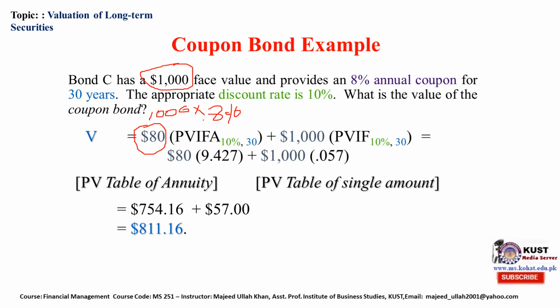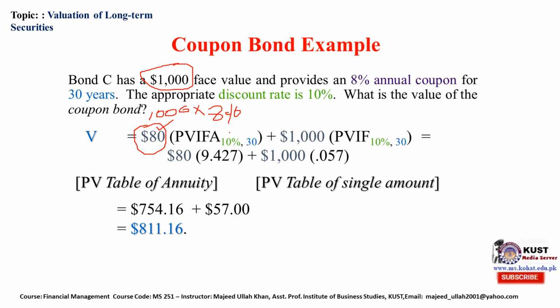So we will get this amount of interest. This amount of interest will be received for the first year, second year, third year, fourth, fifth, till the 30th year. So that is one type of annuity. An equal amount is received after equal intervals of time and for specific time periods.